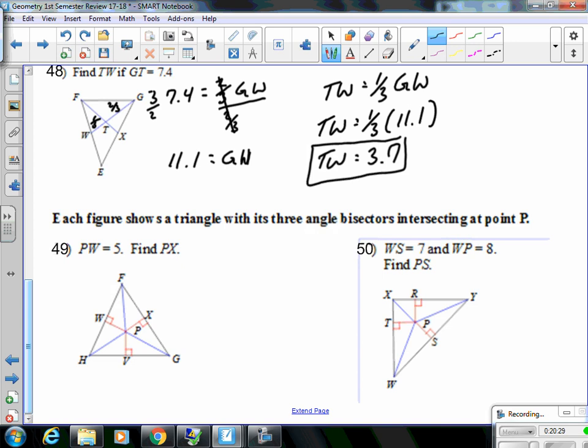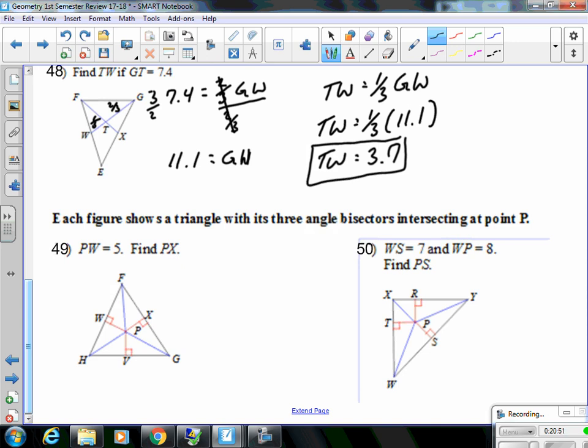All right, 49 and 50. Each figure shows a triangle with its 3 angle bisectors intersecting at point T. So angle bisectors intersect at a point called the incenter, and the incenter is equidistant from the sides of the triangle.